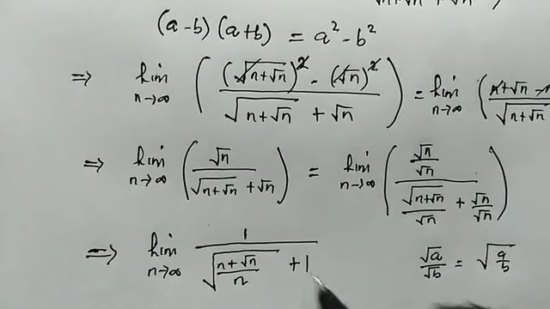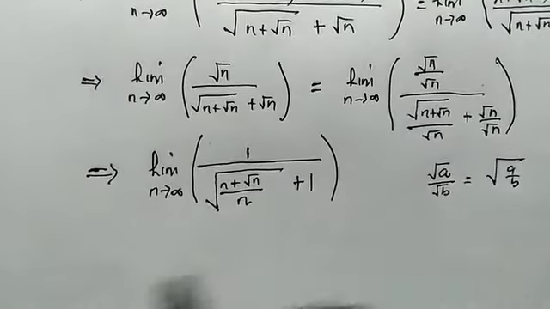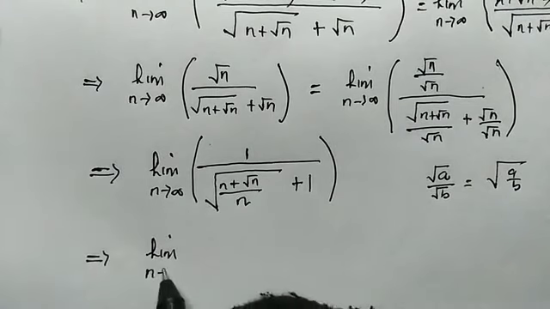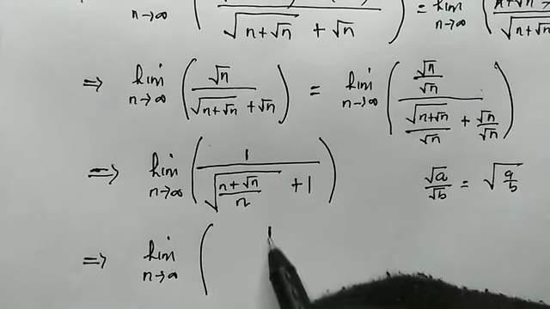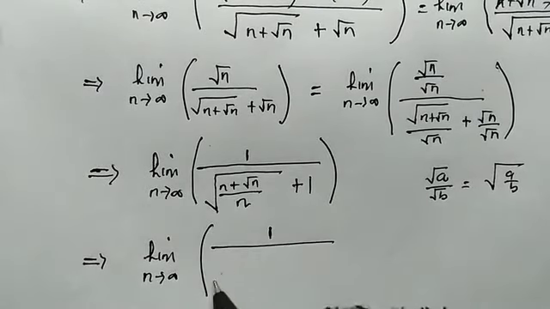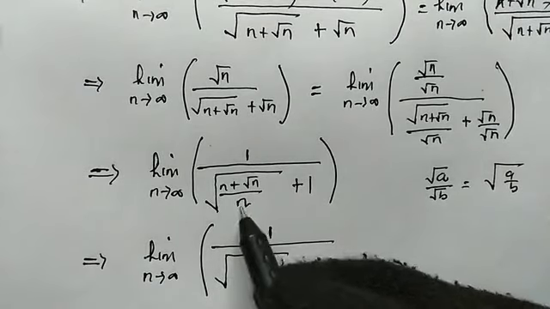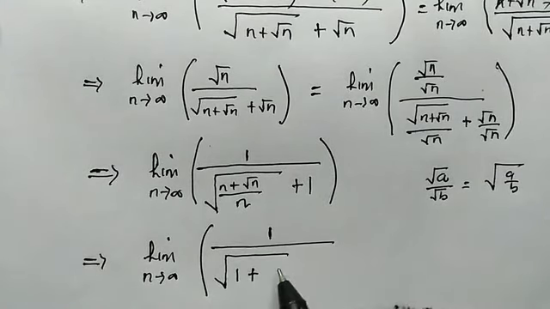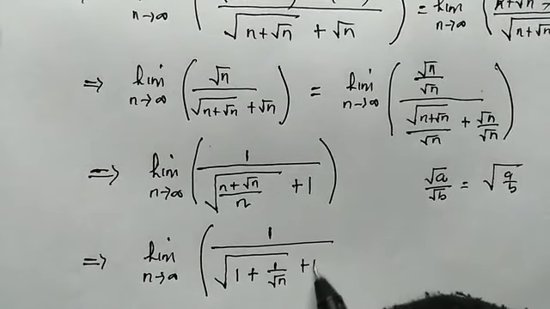Then we have plus 1. So from here, we have the limit as n approaches infinity. So from here, we have 1 divided by root of, splitting this denominator here, n divided by n is 1, then plus root of n over n is the same as 1 over root of n, then plus 1.